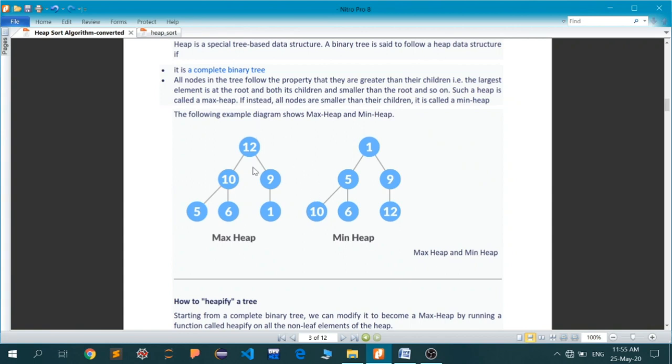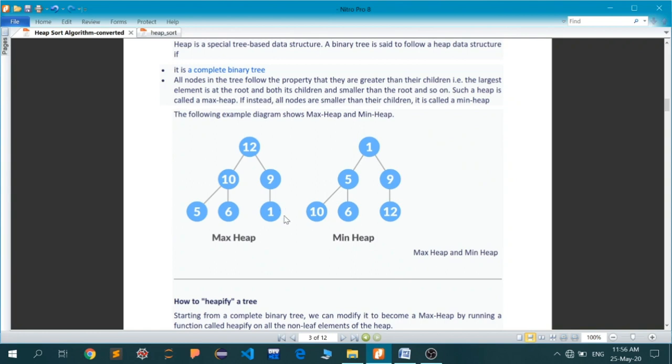Secondly, every node is greater than its children. So 12 is greater than 10 and 9. Again, 10 is greater than both of its children, 5 and 6, and 9 is greater than its only child, that is 1. So this is your max heap.